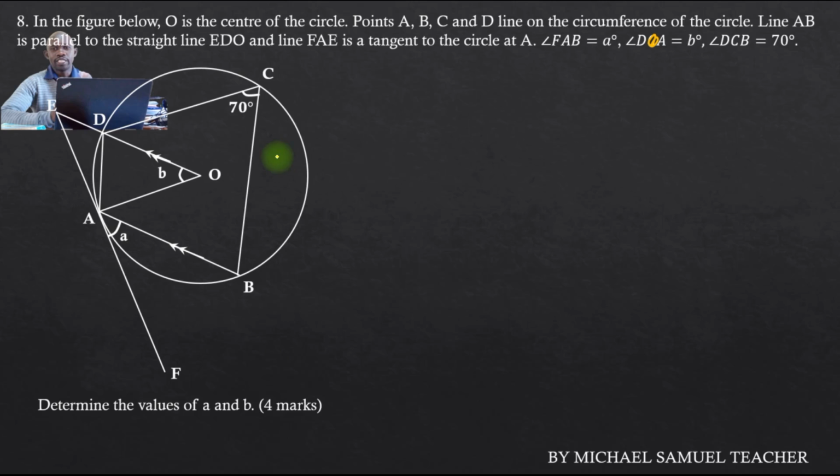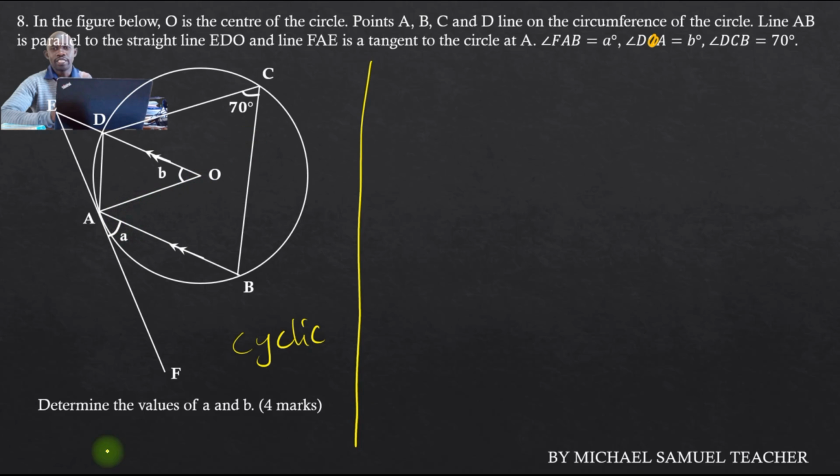So the first thing we need to know here is that we can also be able to get DAB. Since this figure ABCD is cyclic, it touches the circle at 4 points, so it is a cyclic quadrilateral. And if it is a cyclic quadrilateral, the opposite angles of a cyclic quadrilateral add up to 180.